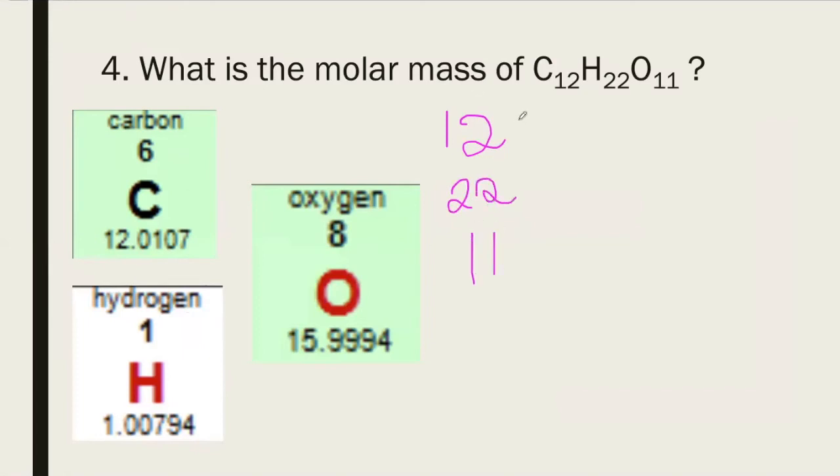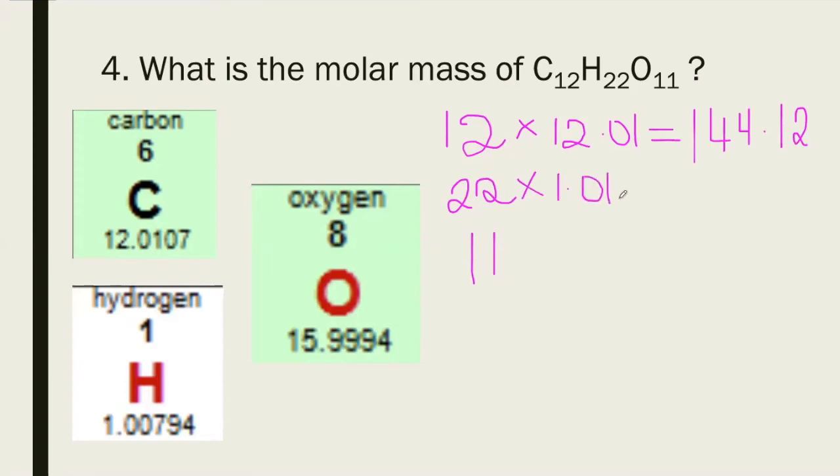So 12 times the atomic weight of carbon, which is 12.01. So 12 times 12.01 equals to 144.12.